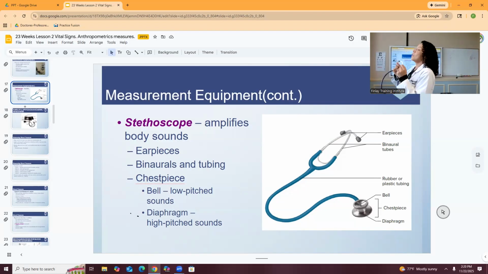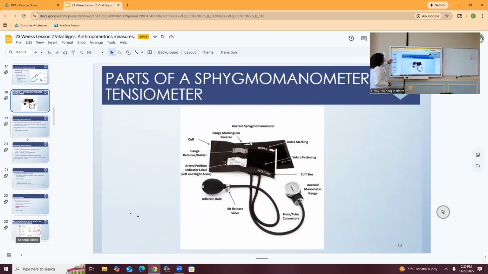And then you're easily going to put it on, so you can make sure that your ear canal is open and you're going to have a good listening of those noises that we're looking for in the artery. Some of the stethoscopes, like you see here, have a bell that is rotatory. So you have to make sure that the piece that you're going to put on the arm of the patient is the one that is open so you can hear correctly.